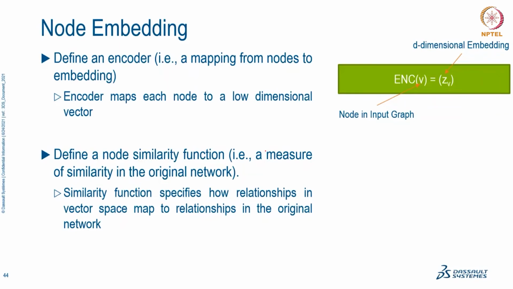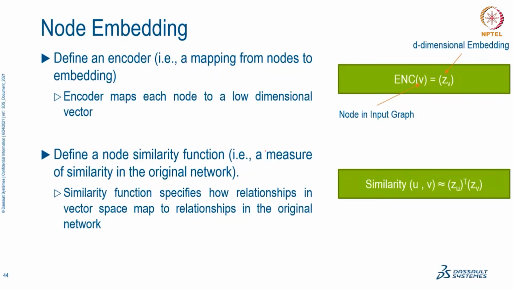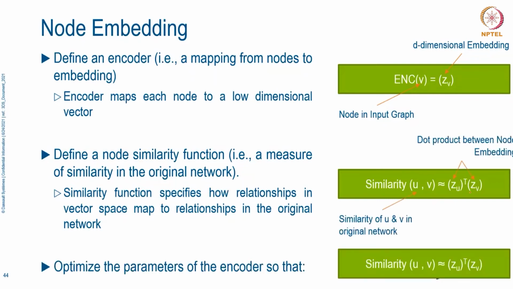Just consider we define some similarity function which approximates the similarity of U and V with these particular embedded space values ZU and ZV. And then we optimize it basically. We calculate the loss and then we optimize this particular embedding space such that the loss is minimum. So this is the standard procedure for any optimization problem.